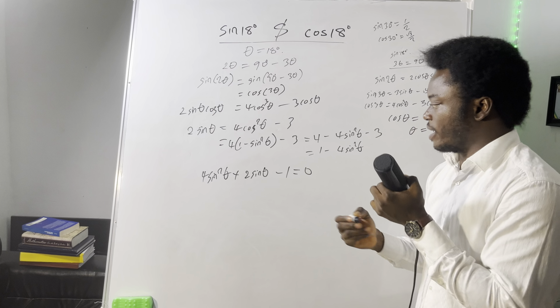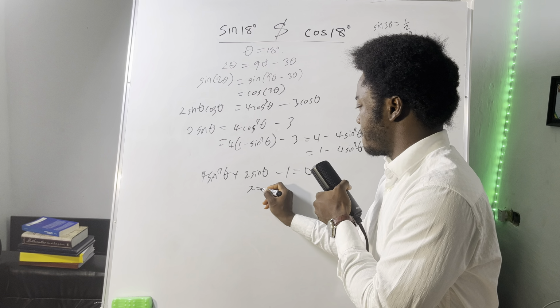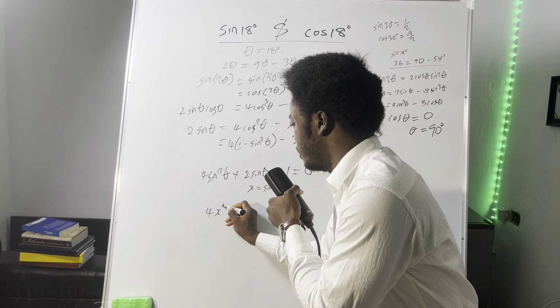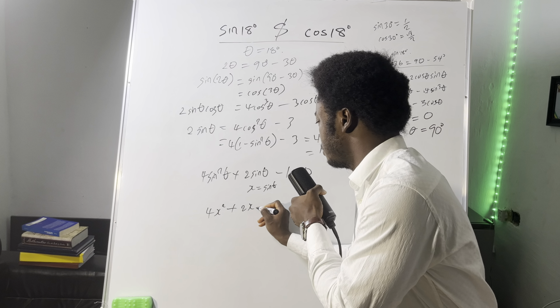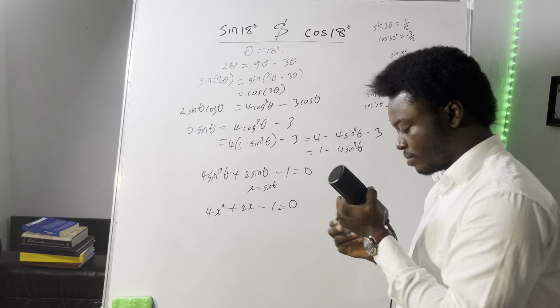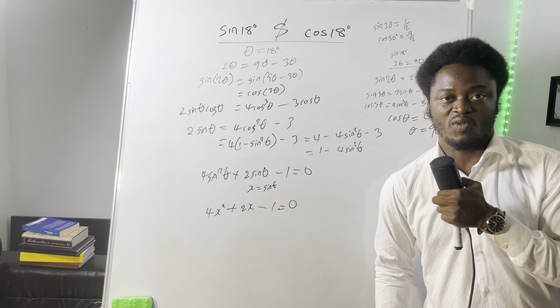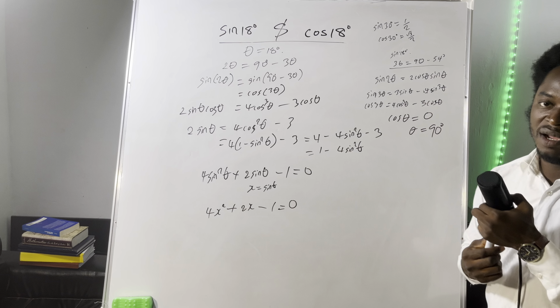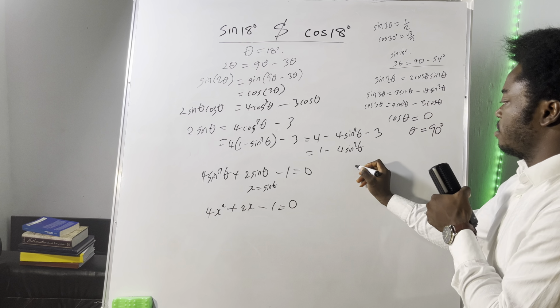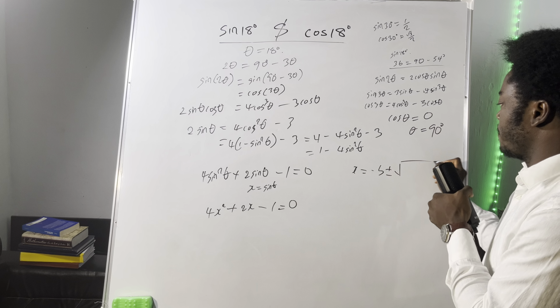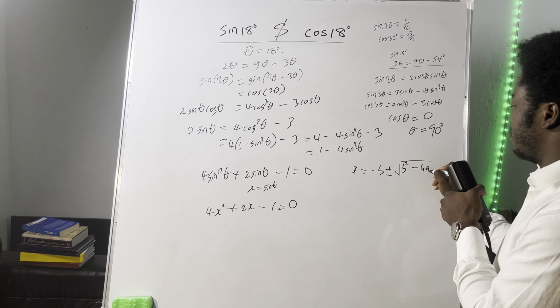Next, we can let x be sine theta. So you have 4x squared plus 2x minus 1 equals 0. Now we are happy because this is a quadratic equation that is easily solved using the quadratic formula: x equals negative b plus or minus square root of b squared minus 4ac, all divided by 2a.